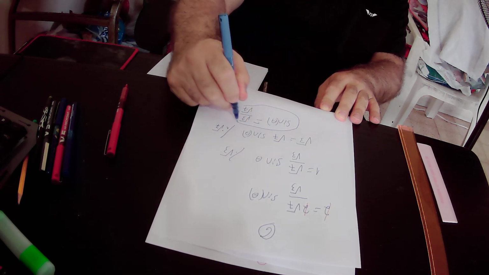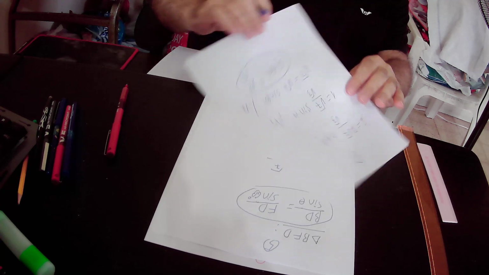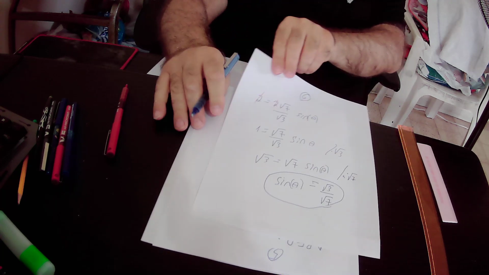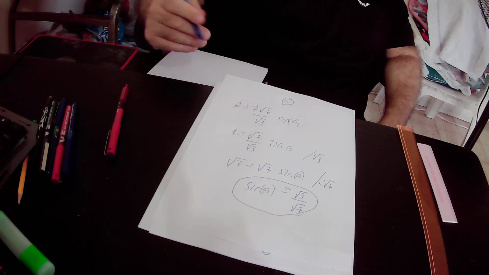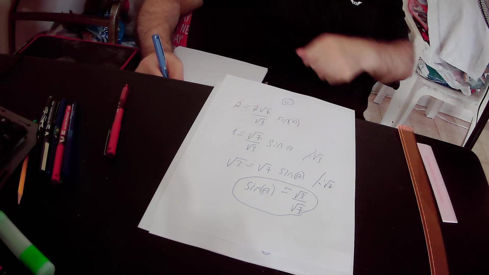Okay, so we found that the value of sine theta equals root 3 over root 7.